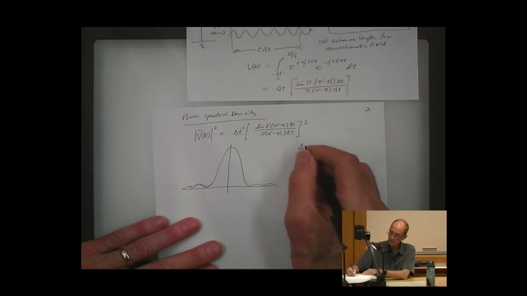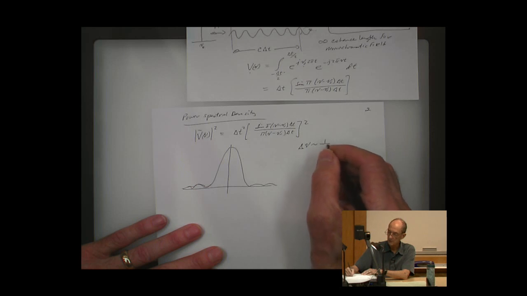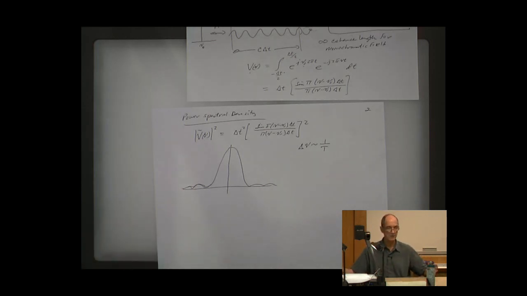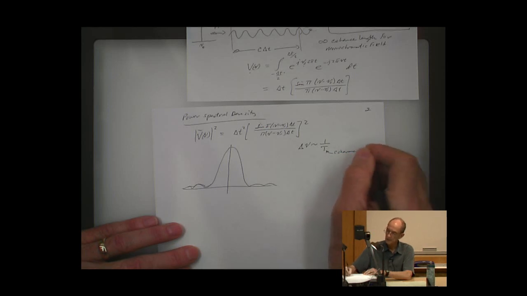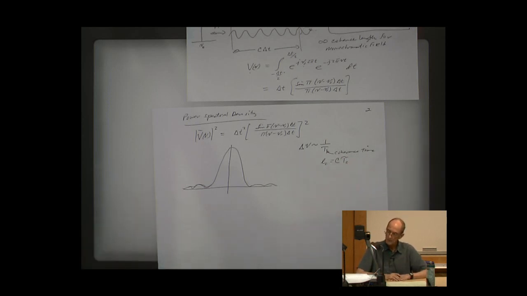This comes about because the width of this spectrum, however we measure it, delta nu, is related to the coherence time. That coherence time is the distance between those points that we're comparing in the propagation of this field. So this is the coherence time, and then we can get a coherence length, LC, which is just c times tau sub C. This is the notion that we have.